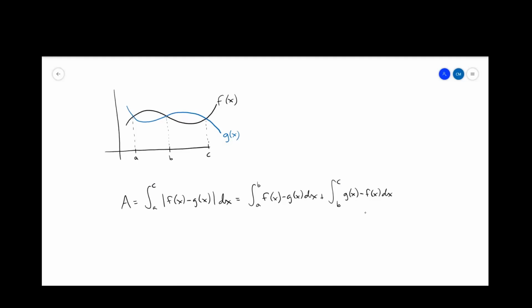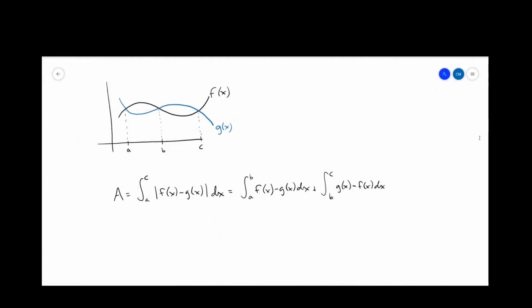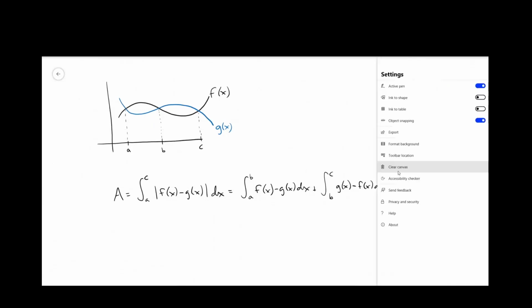So let's take a look at one of those. So this is example 4 on the 6.1 worksheet. We've got one function that is cubic.